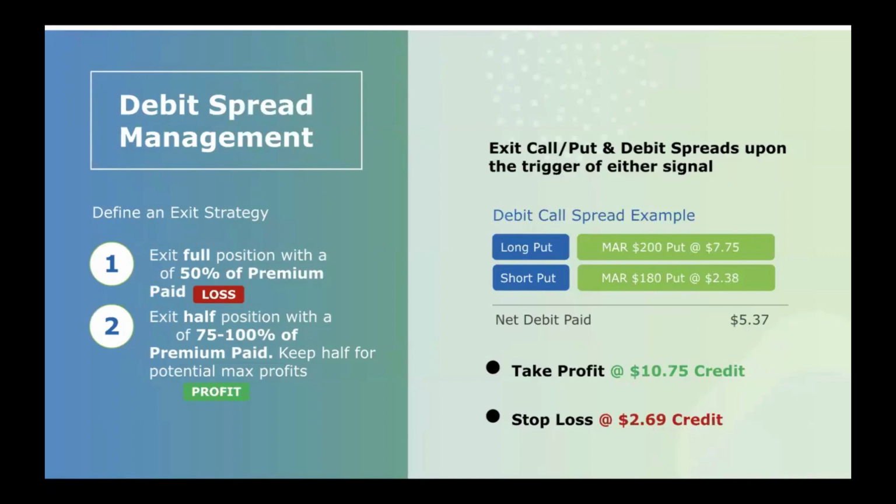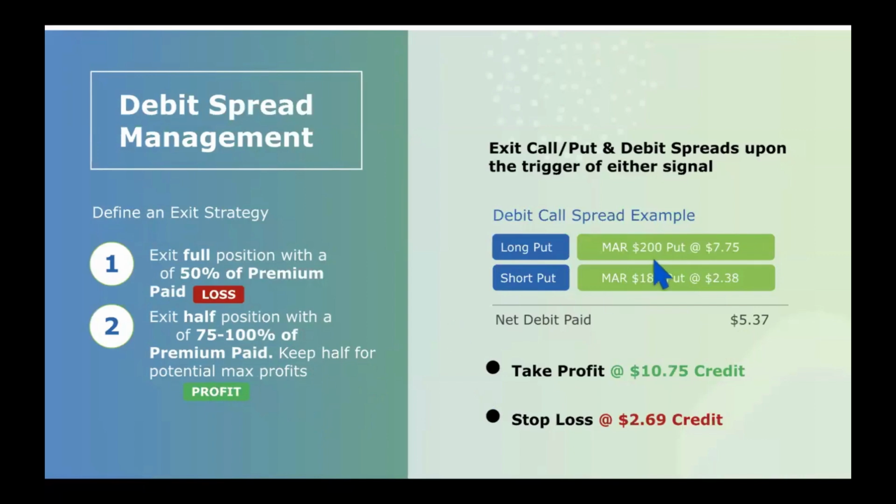Now, for the max profit on the other side of the coin, if the stock goes up, we want to exit half of the position with a 75 to 100% profit on the premium paid. Keep half on for potential max profits.